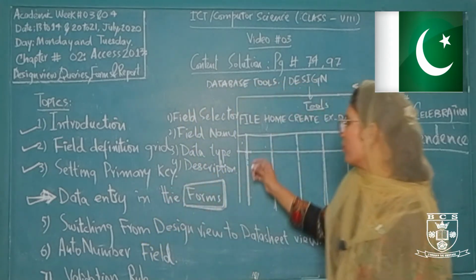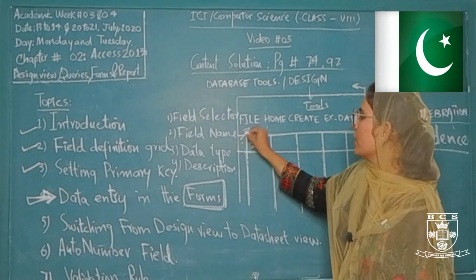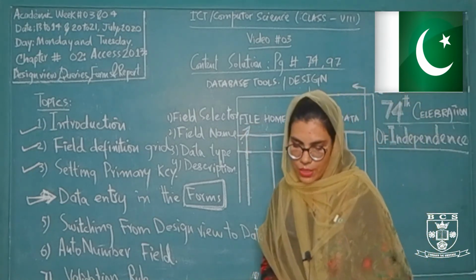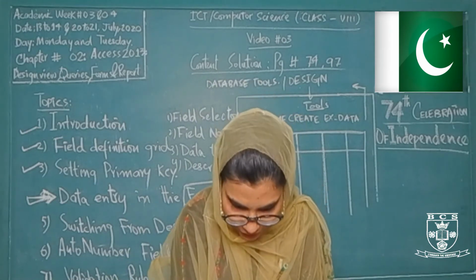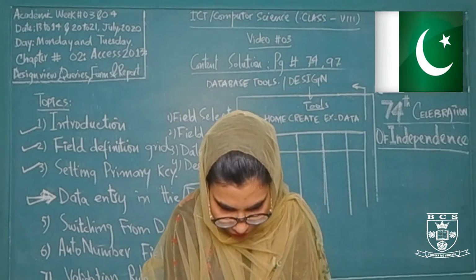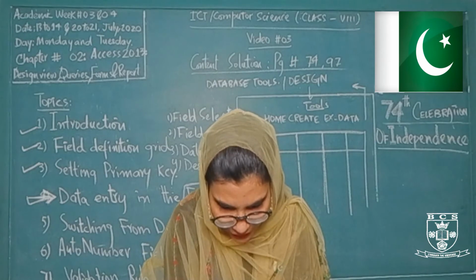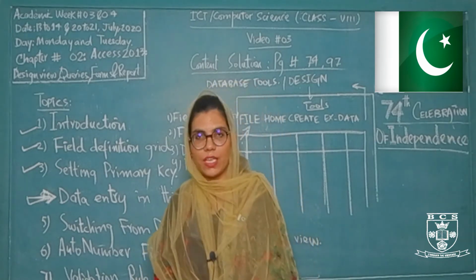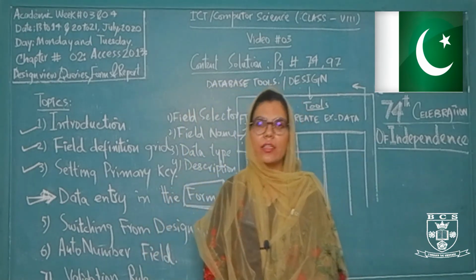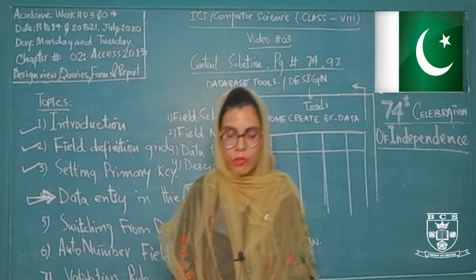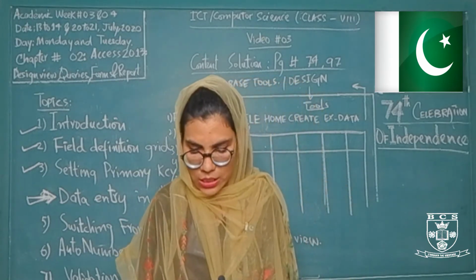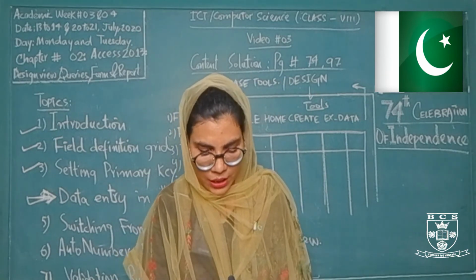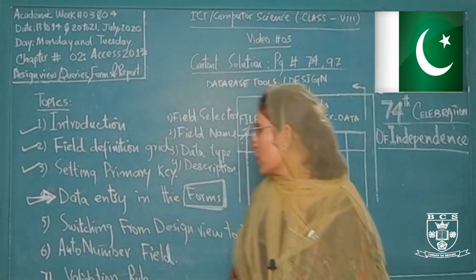On the left hand side, we have a gray box, and this is known as the field selector, because with the help of this gray section, we can select any field. And with the help of this option, we can edit our field, we can insert any row, we can delete a row, we can move it down or up to reposition this field in this particular table. After that, we have topic number 2, our field name.